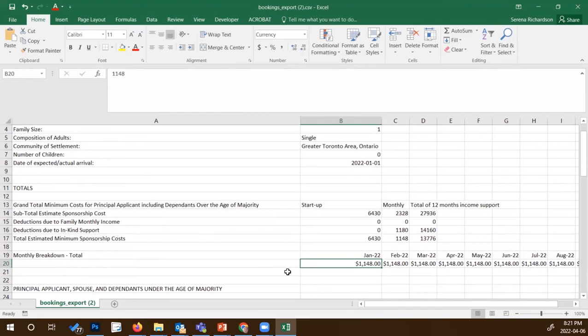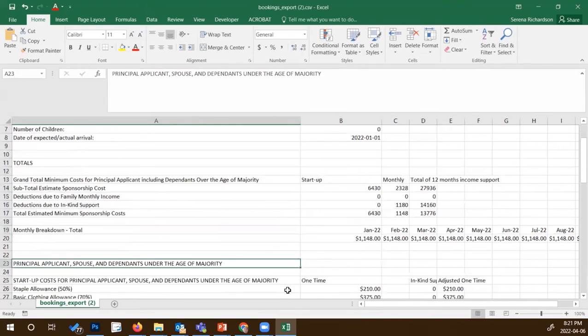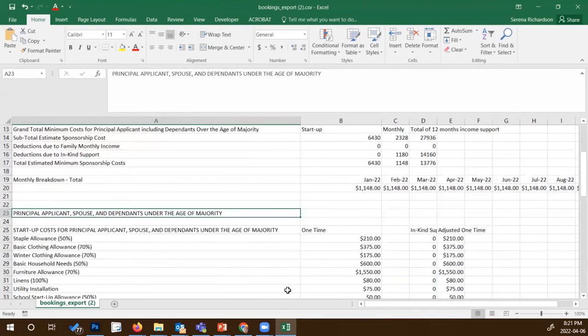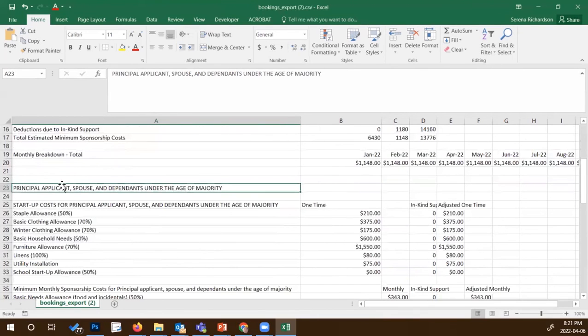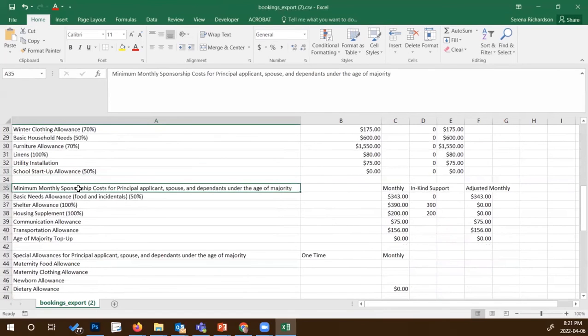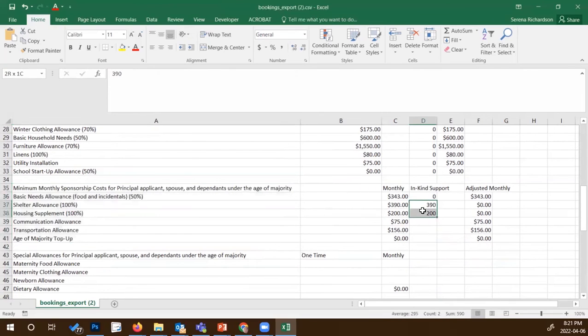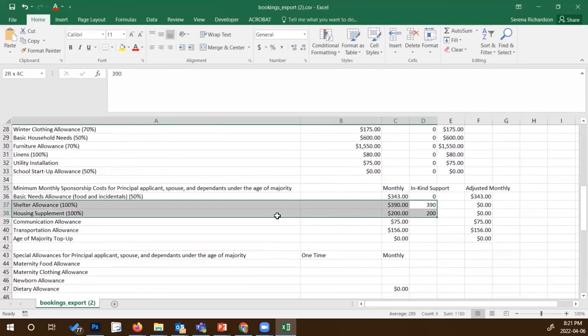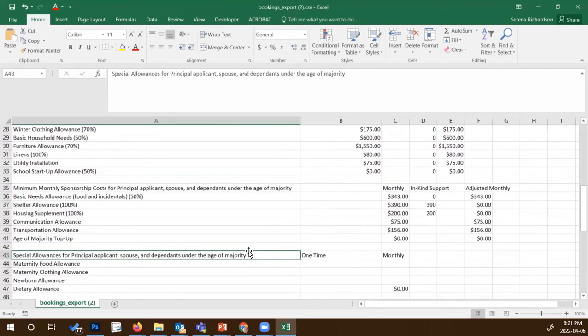So when you scroll down, you're going to see the breakdown amount for the principal applicant, in-kind deductions that you might have applied. We didn't make any for startup costs. And then here's the amount for monthly in-kind amounts. And you can see we did a deduction for housing and shelter amounts. And then there's no special allowances.